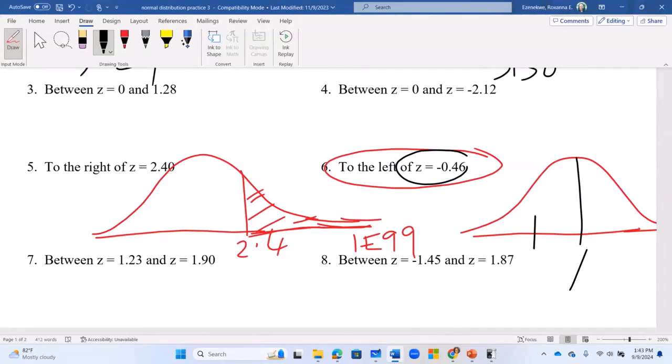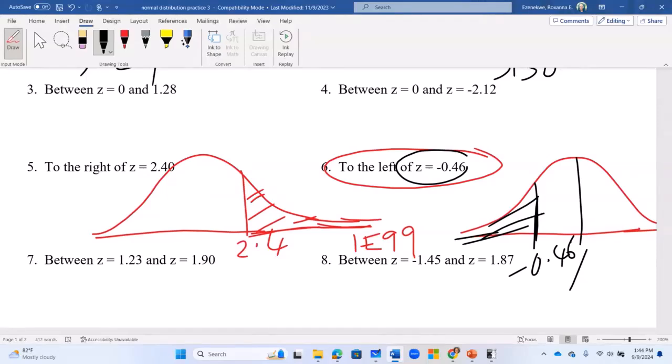You cannot miss this. Whenever a standard score z is negative, it's on the left-hand side of the mean. So I am looking for the area from negative 0.46 to the left.